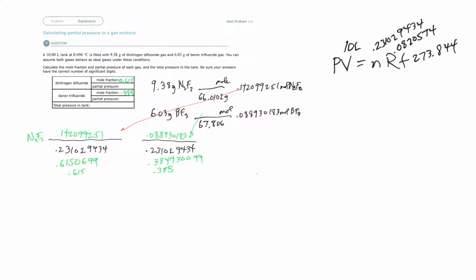All the rest of them are known, so I'm going to divide by 10. So I'm going to have P equals all of that, so n times R times T divided by 10. 273.844 times 0.0820574 times 0.231029434, divided by 10, equals, and I get the total pressure as 0.519144546 atmospheres.